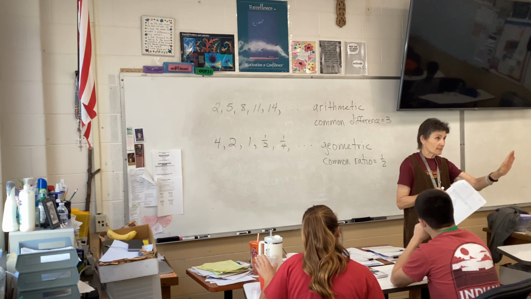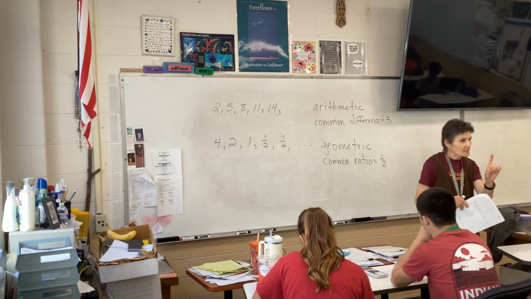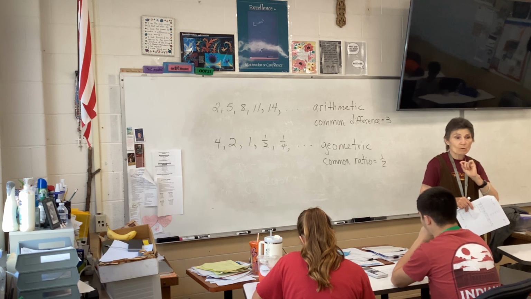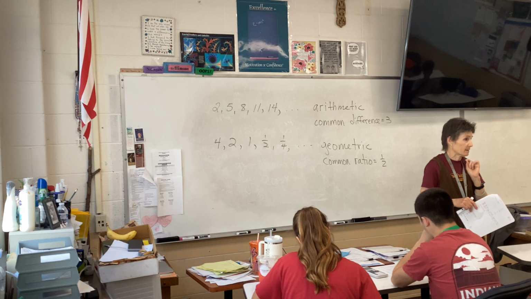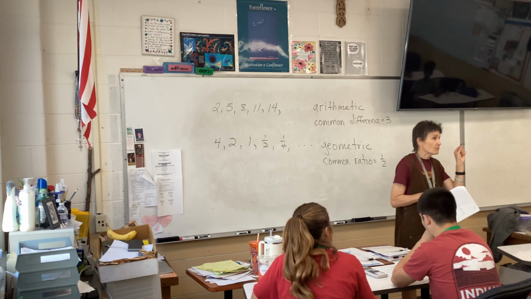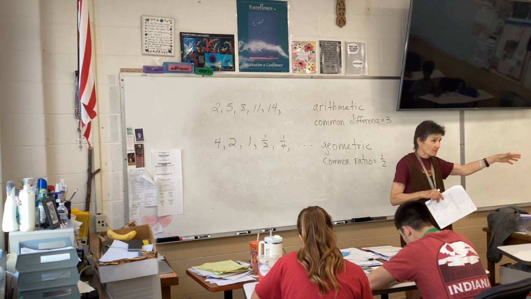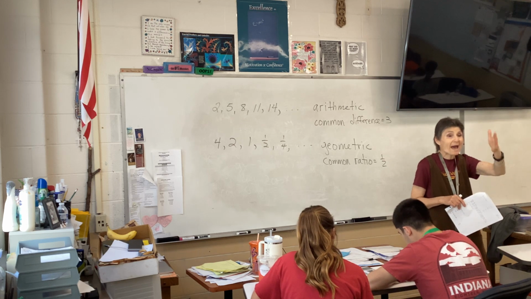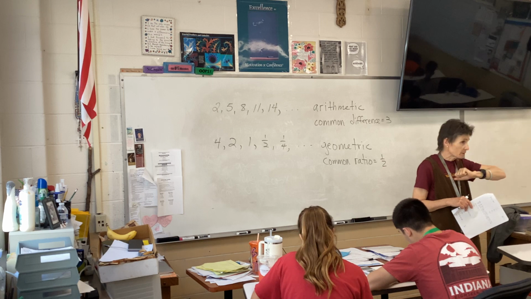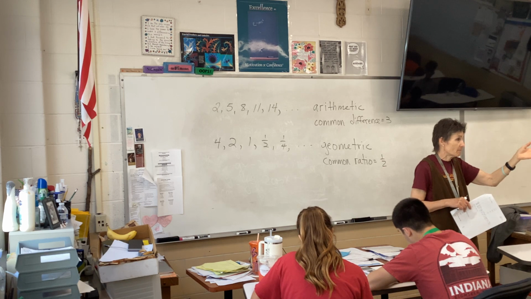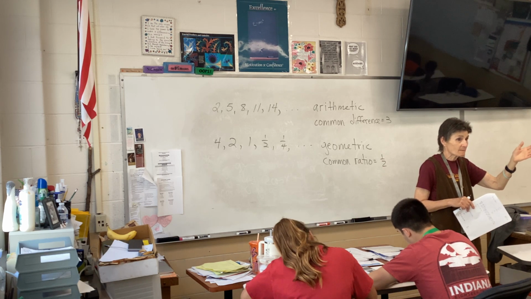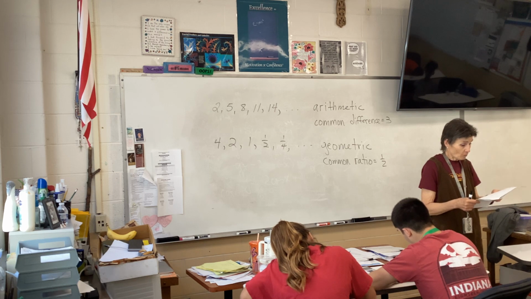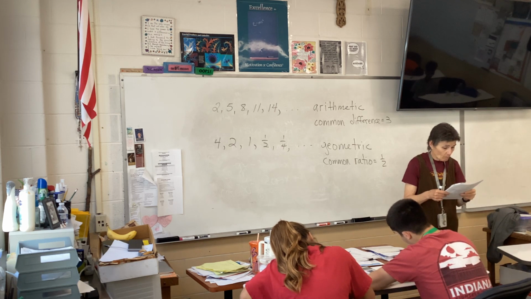So there's definitely a pattern, but am I adding the same number each time? No, so therefore it is not arithmetic. You can usually find a pattern in a set of numbers, but it's only arithmetic if you're adding the same thing, and it's only geometric if you are multiplying by the same thing. Okay, guys? So what do we say? Neither.